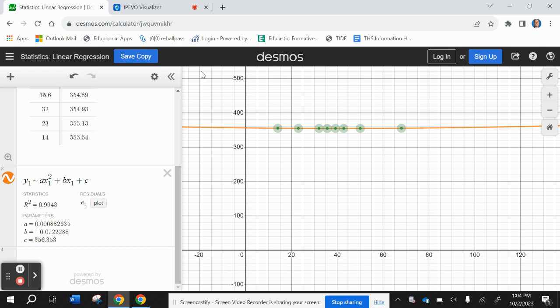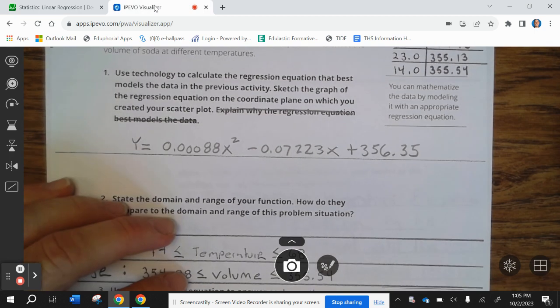So then Y. All right, so there's our equation.